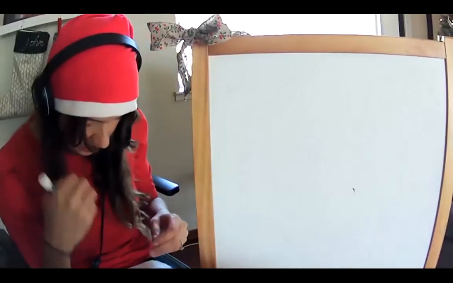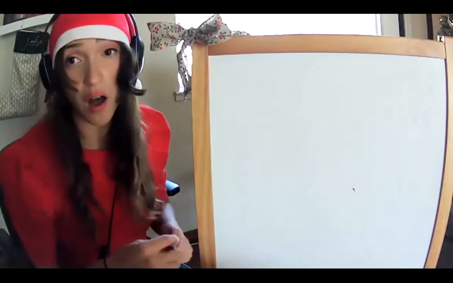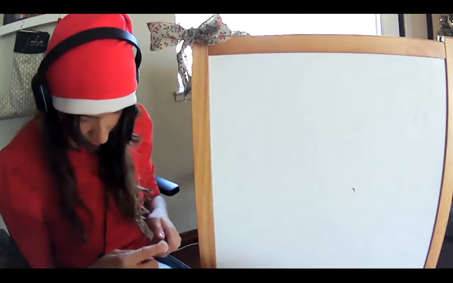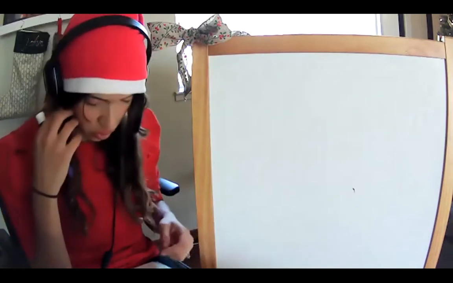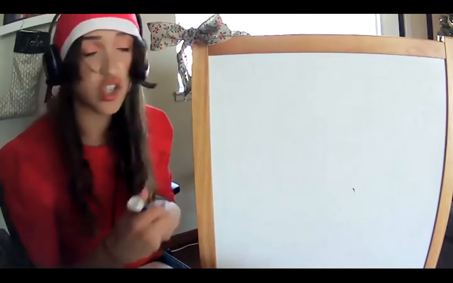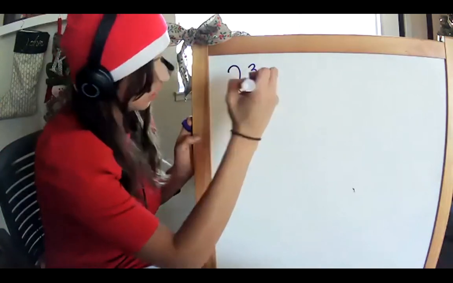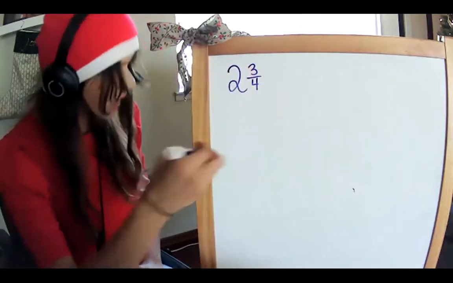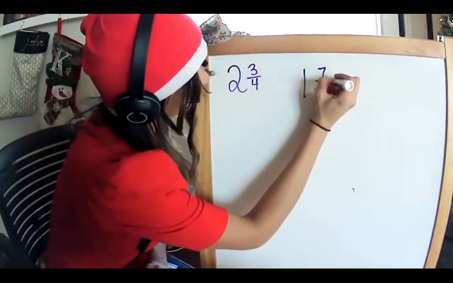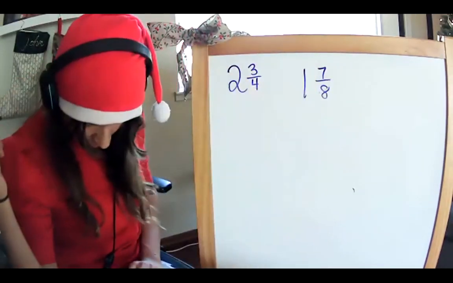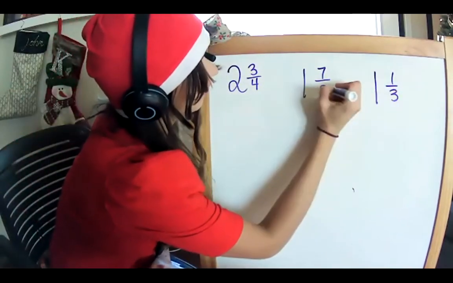All right, so if you look at page 266, you have a photo of a hiking trail. The question says that Jesse hikes all 3 trails. We have the wing trail, which is 2 3/4, the sunset trail, which is 1 7/8 of a mile, and the ridge trail, which is 1 1/3 of a mile.